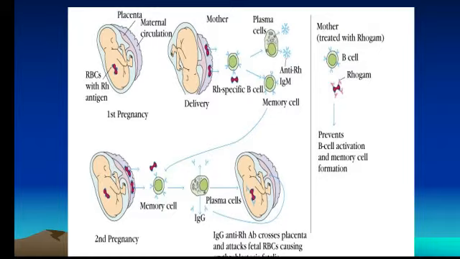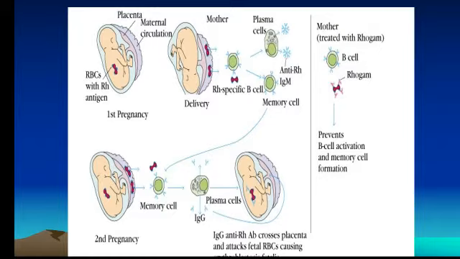Then the memory cells come back in the second pregnancy, producing IgG, an adaptive immune response, and the plasma cells attack the red blood cells of the child.